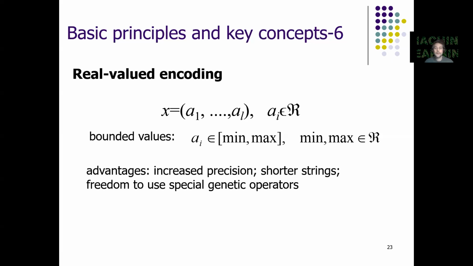As I'm going to explain, the GAs use randomness, so you may come up with solutions which are not suitable for the problem. The GA, if you don't use bounds, may produce solutions which you cannot really implement in your design. Clearly, if you use real values, there are advantages because you can have increased precision, you can have shorter strings, and you can also use special genetic operators. You can even define your own operators. So it gives you a lot of flexibility.